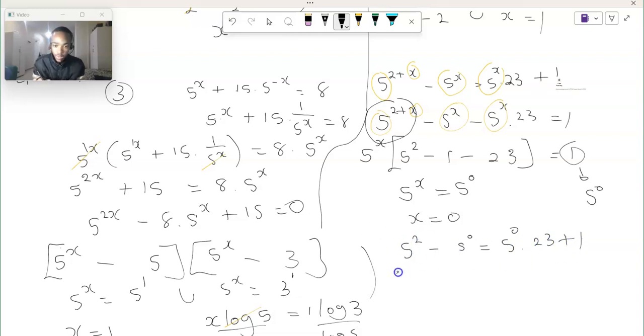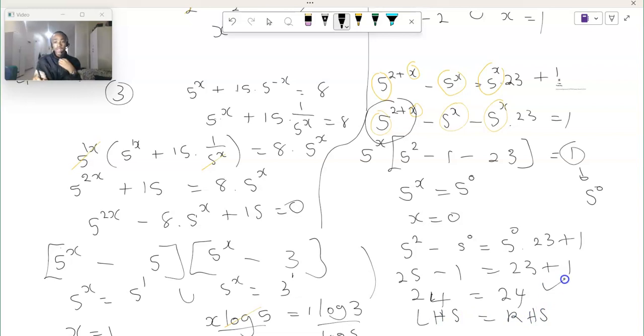So this here is 25 minus 1, which is 24, and 1 times 23 is 23 plus a 1 is 24. So meaning the left hand side is equal to the right hand side. Therefore it is correct. So simple as that, guys. Not that difficult.